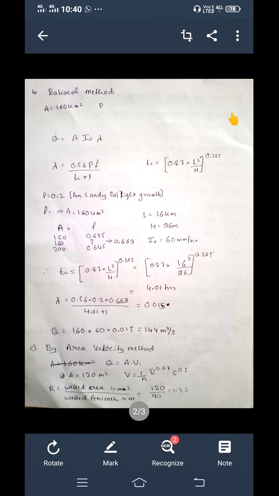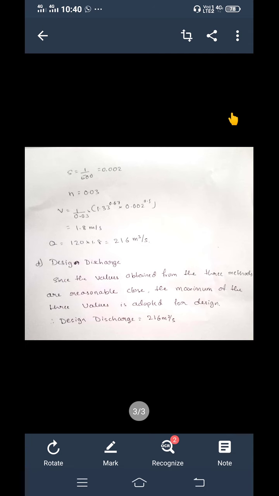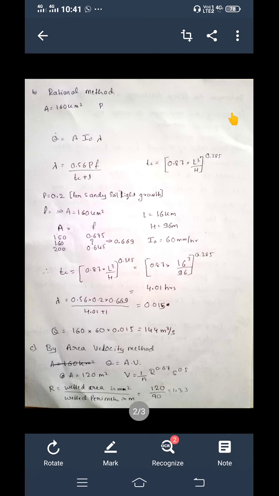Now we'll solve this with the help of the area velocity method. In the area velocity method, Q is equal to area into velocity V. Here we take the area as 120, because we are calculating with the wetted area.